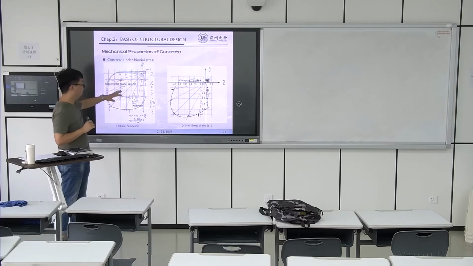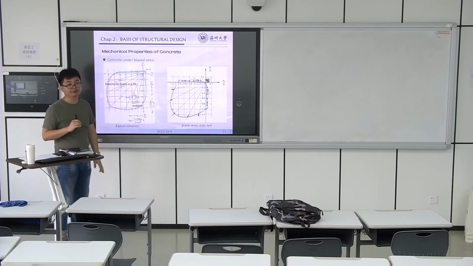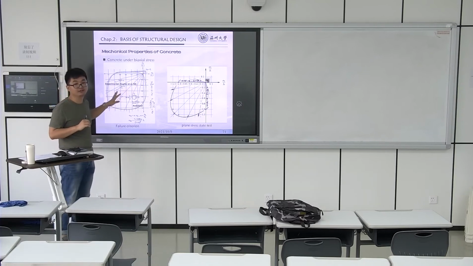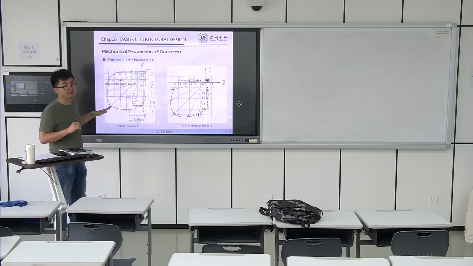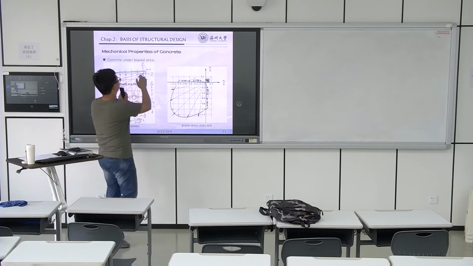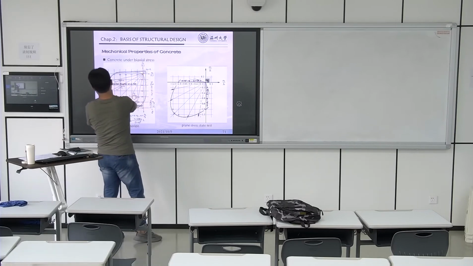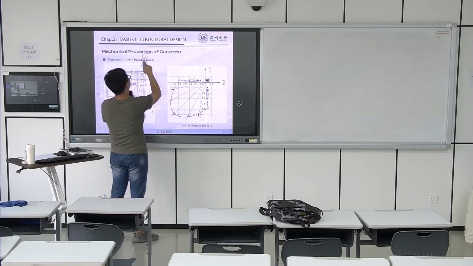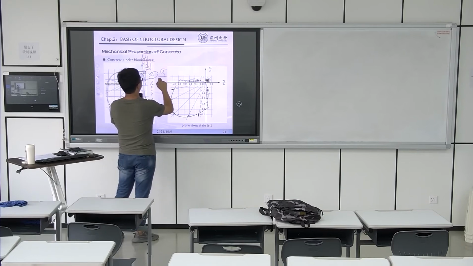And for here, the stress strain curve, we use these figures to describe it. To understand this axis, the name is the stress, sigma 1 divided by fc, and there is sigma 2 divided by fc. fc is the same, right?